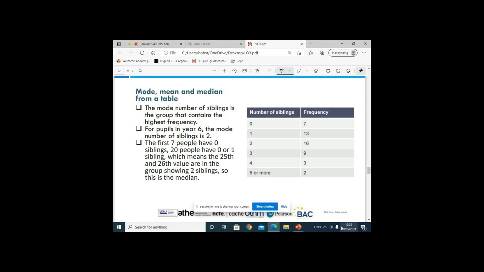Yes, the total frequency is 50. Let me double check. Yeah, I think you are right, it's 50. So what's going to be the middle number?